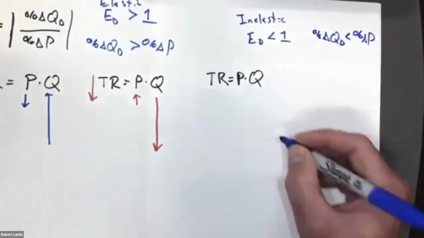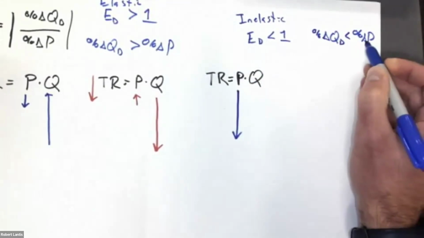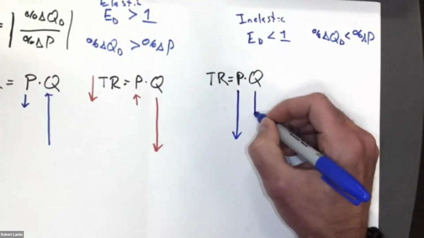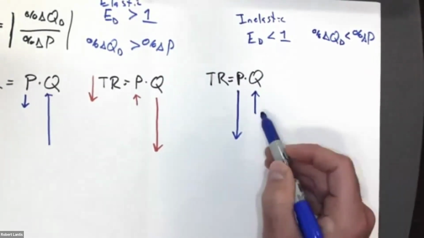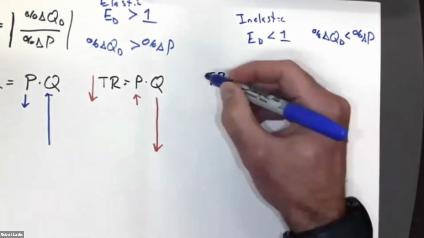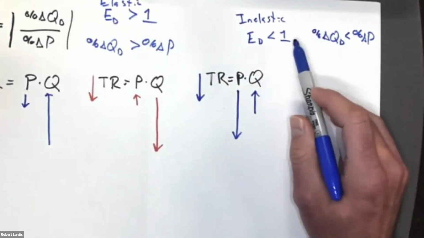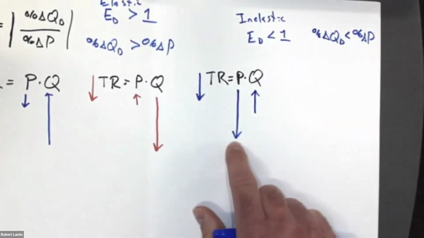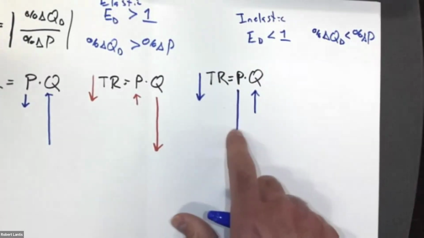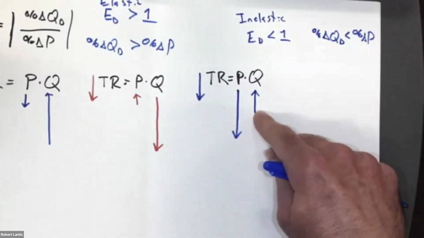So now, if I lower prices by a lot, I know the response from demand is going to be less than that. Which of these kind of wins out? Well, the larger percent change. So I would actually see that when demand is inelastic, if I lower prices there, because people aren't as responsive, I would actually be making a lot less per unit and not selling that many more units.